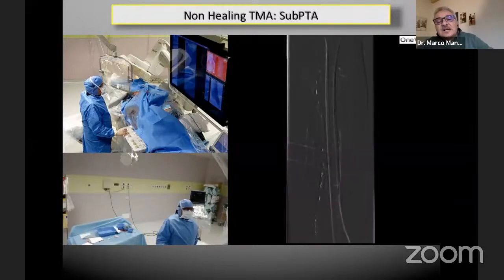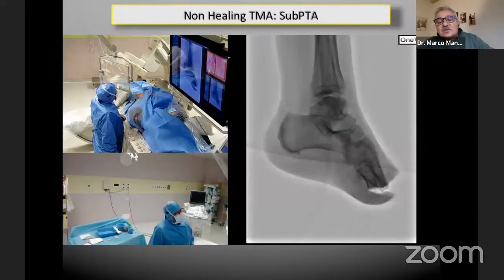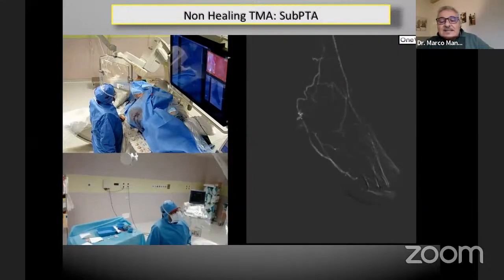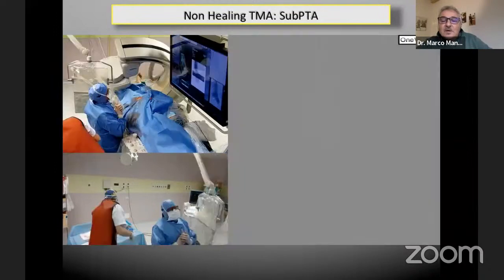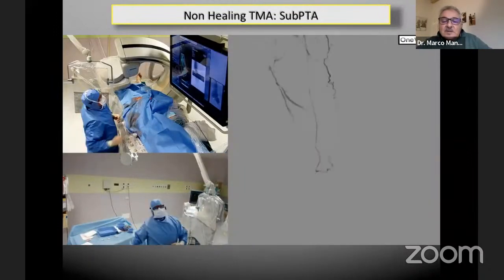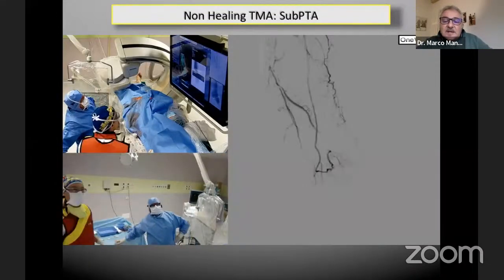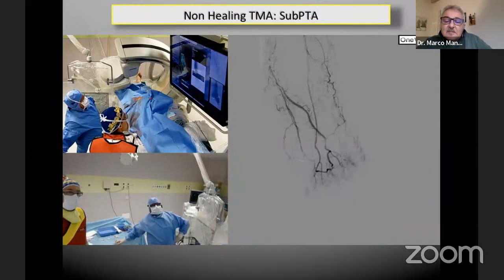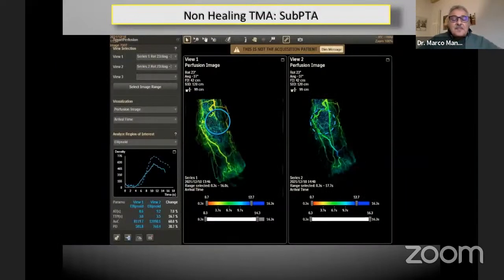You can see here the aspect with CO2, and we see the perfusion of the forefoot completely different compared to the initial aspect. You can see here the blushing effect into the forefoot.